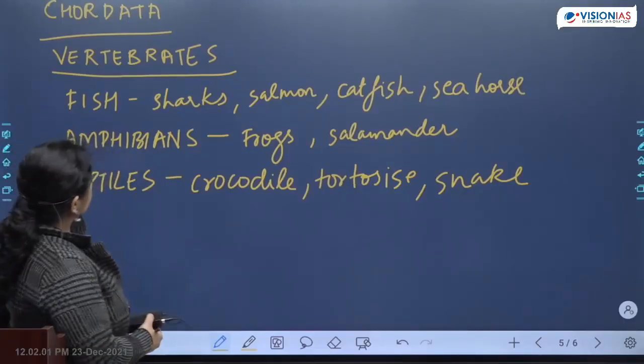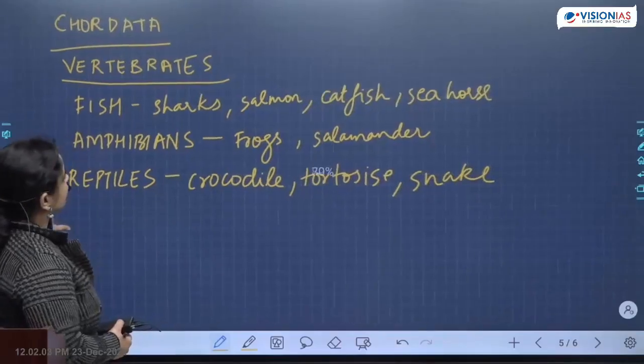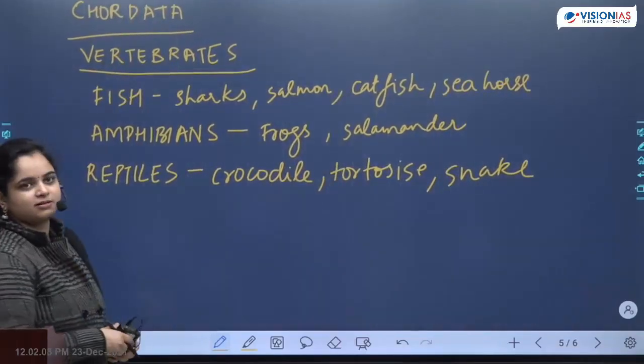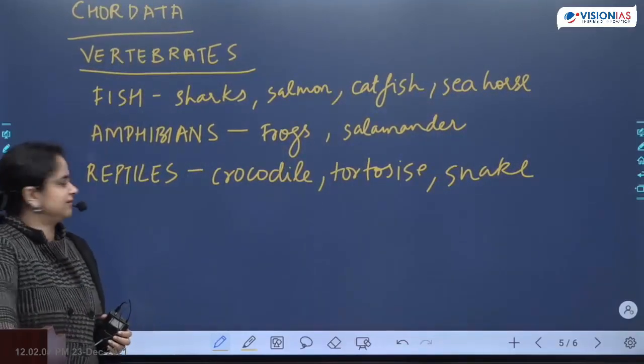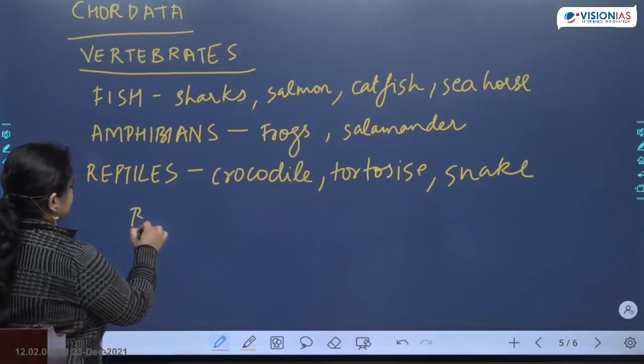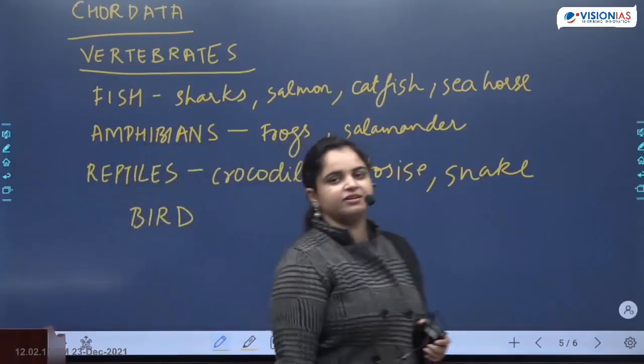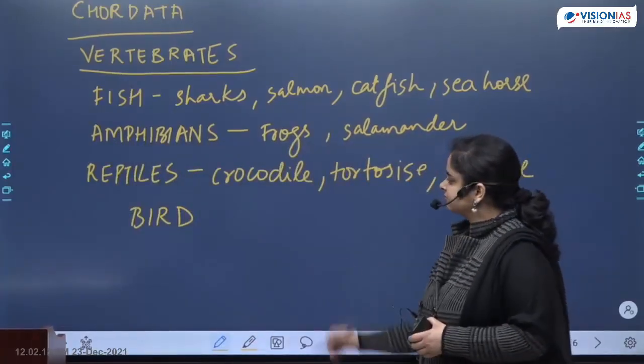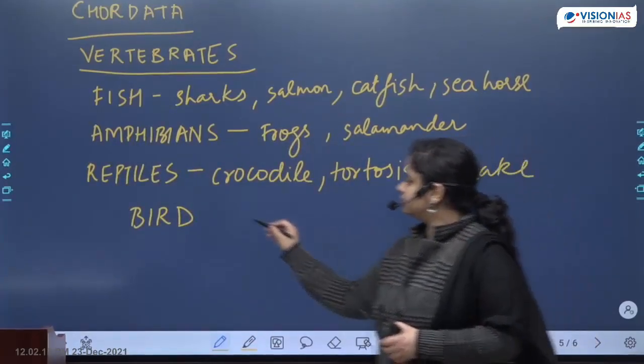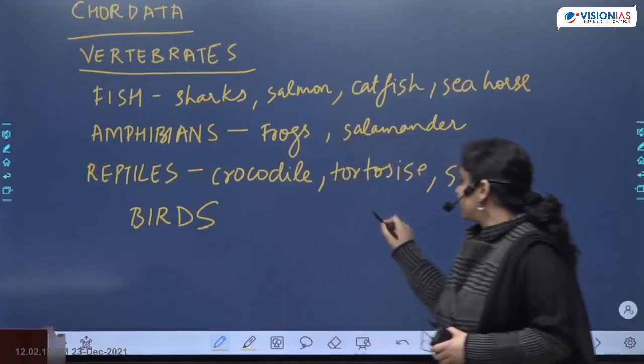Okay, so I've been asked to slow down. We are almost at the end of the topic actually, so I got that message a little late. After reptiles, we have birds and mammals.